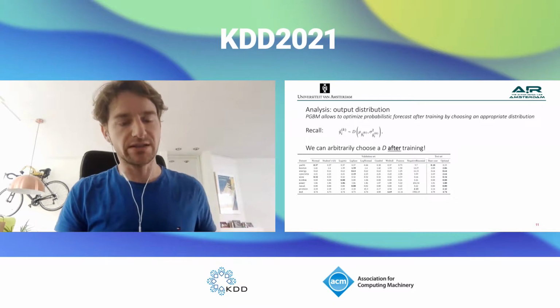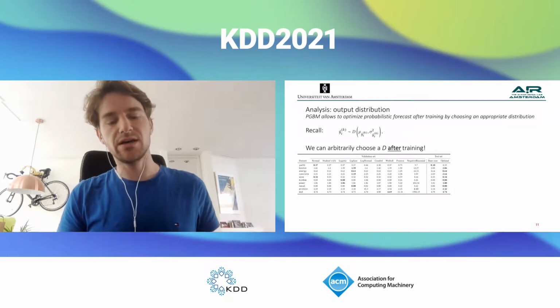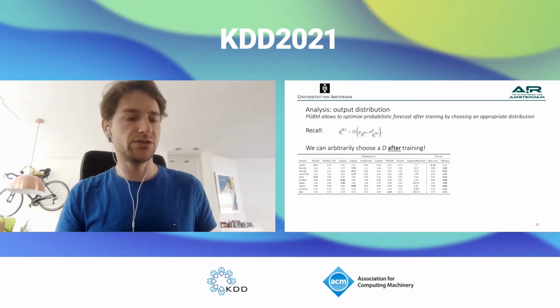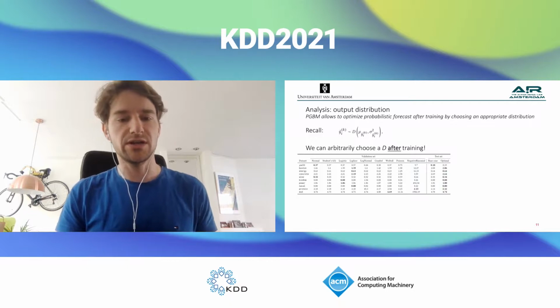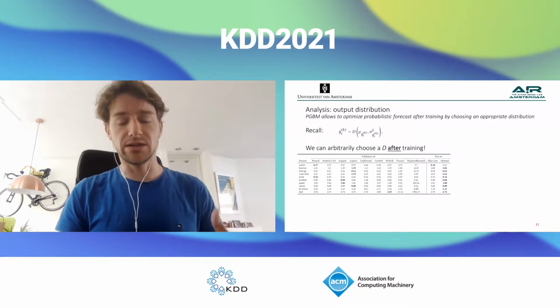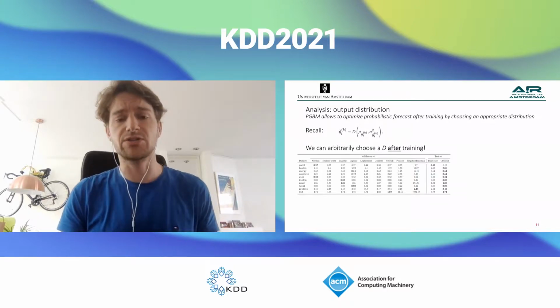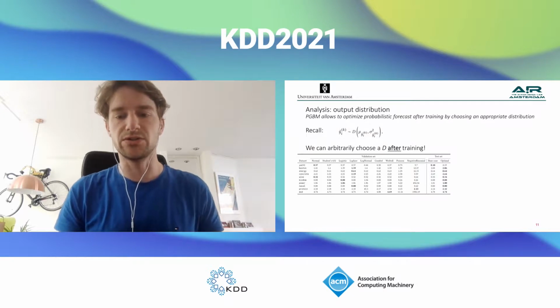So for every data set, we simply tried all these distributions. What you see in the table are normal, Student's t, logistic, Laplace, etc. And then we evaluated the CRPS score. Then we said, okay, the distribution with the lowest CRPS score on the validation set is the one we're going to use on the test set.